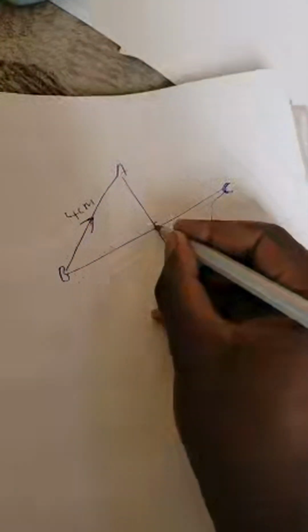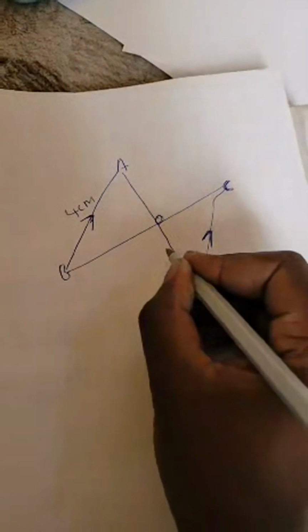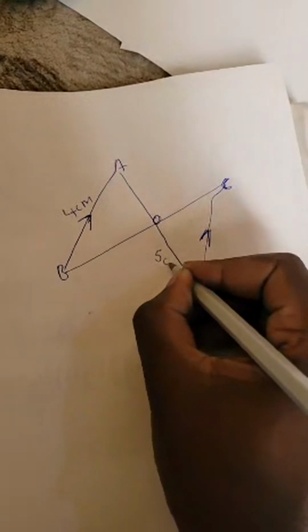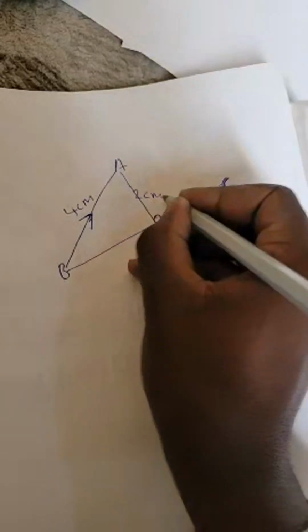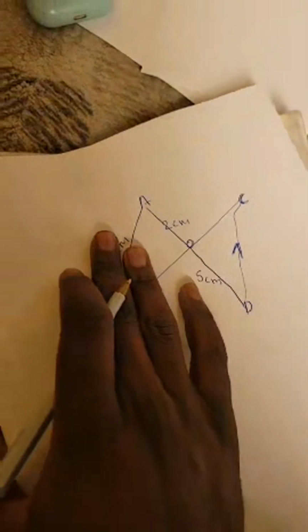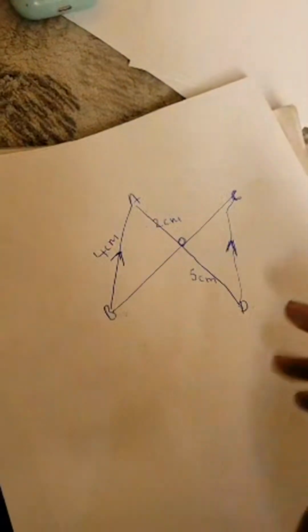Then there is O. Then on this side there is 5 centimeters, and on this side there is 2 centimeters. Right? Are we together? So we have A, B, O, C, D.